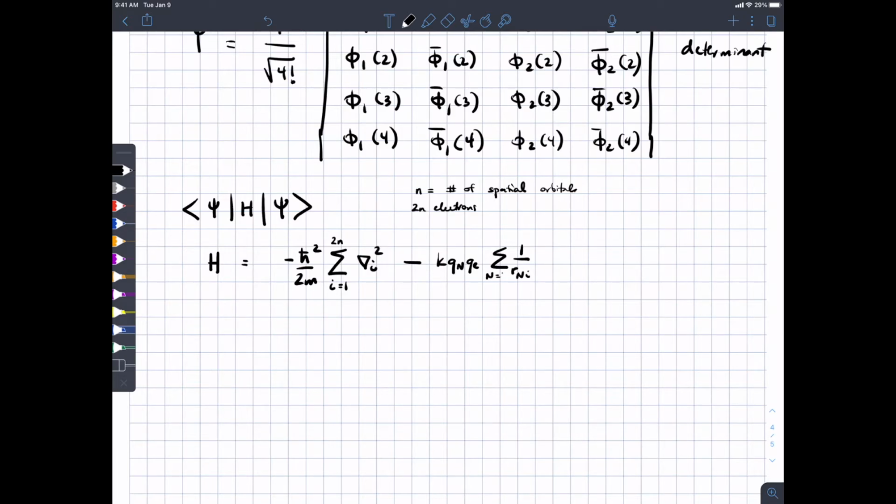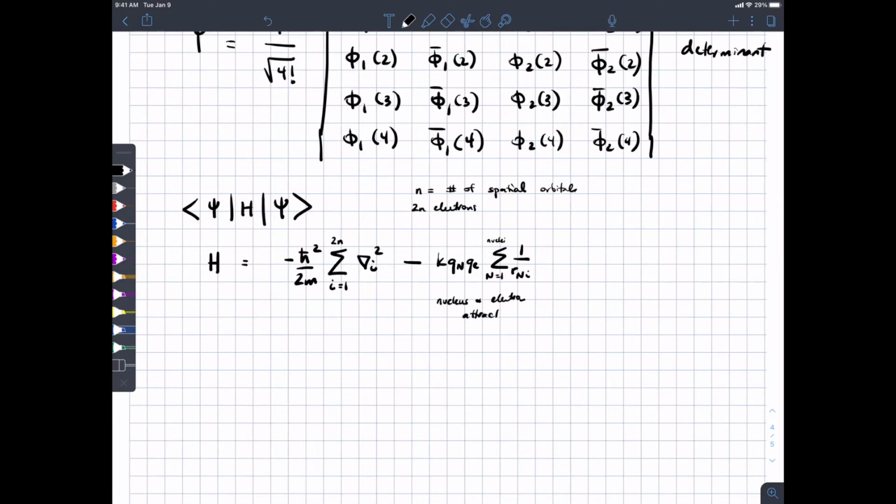So n equals 1, and we go to however many nuclei we have. I'm not going to put another letter there. Okay. That's the Coulombic attraction between the nucleus and electron.